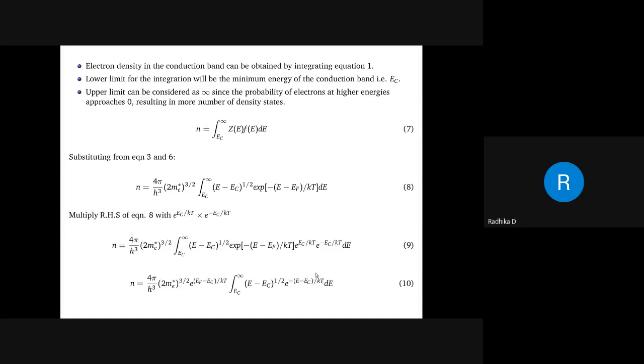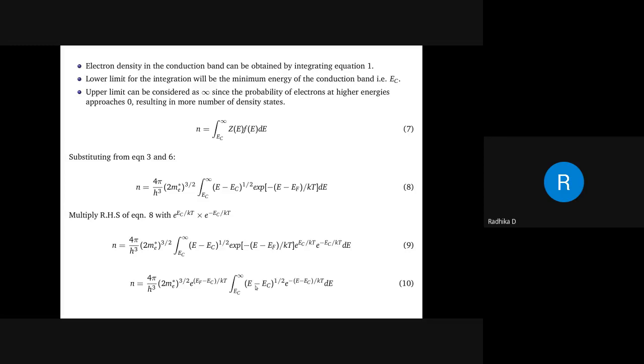That 1 by kT I am going to take as a. Very important: once you have got the integral in terms of E minus Ec, consider E minus Ec as x and 1 by kT as a. It's not kT, it is 1 by kT which you are considering as a. So E minus Ec is x and 1 by kT is equal to a.